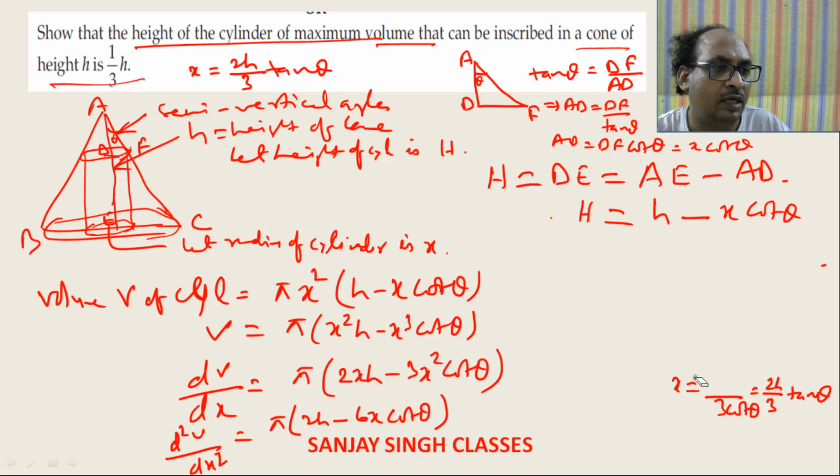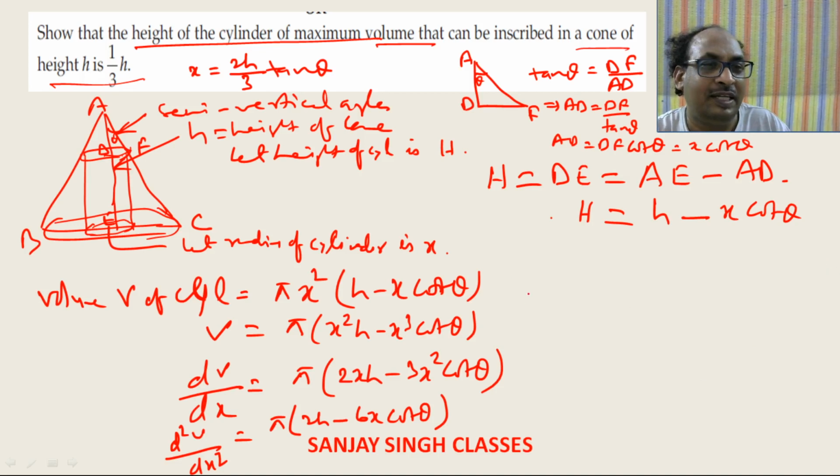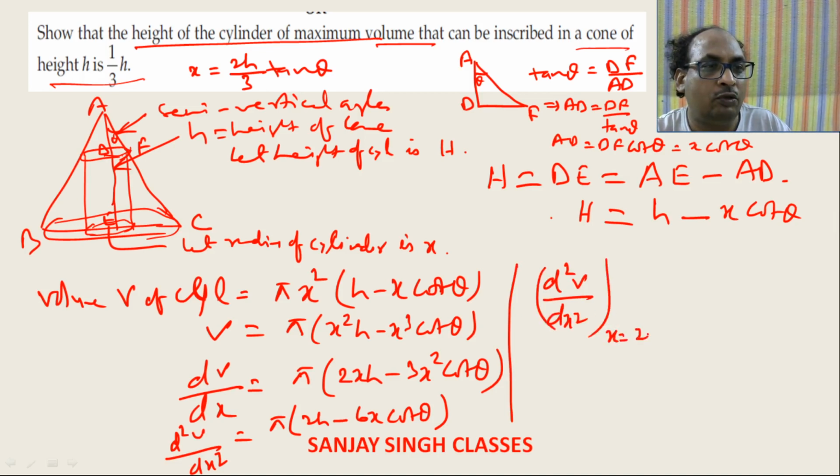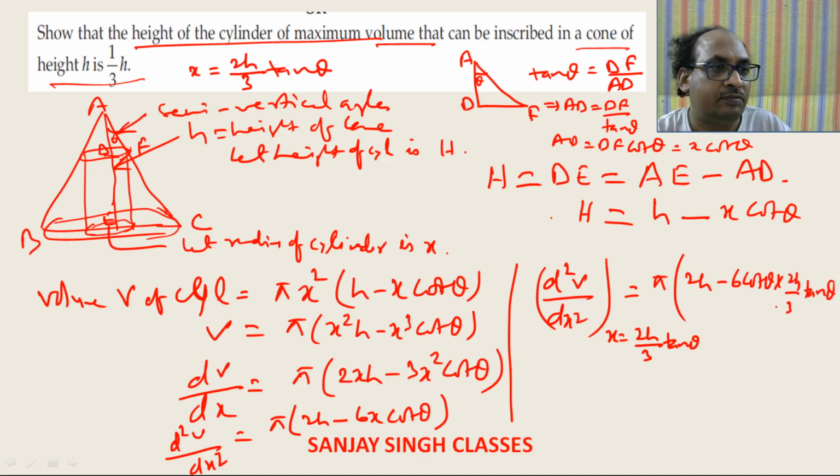Okay, right, very good. So I hope you all are understanding now. So this type of calculation we need to do here. There is no other option. So d square V by dx square, I need to find at x equal to 2h by 3 tan theta. So it is pi times (2h minus 6 cot theta into 2h by 3 tan theta).